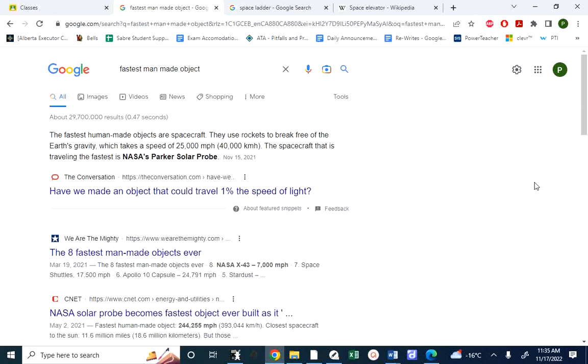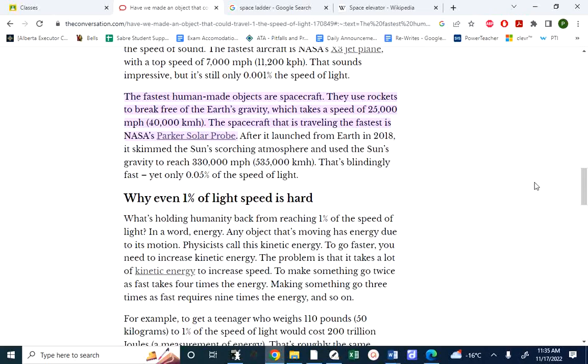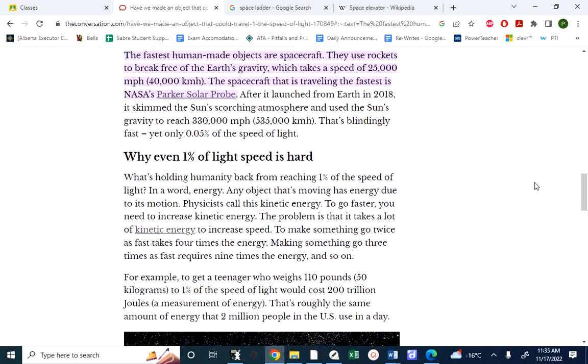The spacecraft that is traveling the fastest so far is NASA's Parker probe, and it has reached a speed of 535,000 kilometers per hour. That's accelerating for 4 years, and it's only at 0.05% of the speed of light.